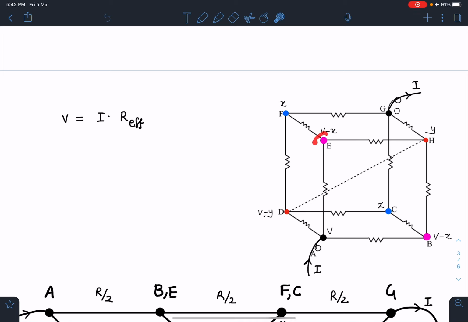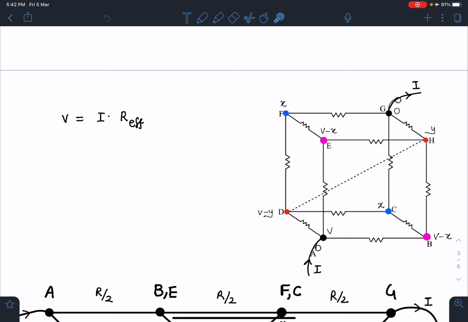Similarly, I can write the potential of B as V minus X as well. Similarly, I'm assuming this potential difference is Y, so whatever current was going in this branch, the same current is flowing in this branch as well. So the potential difference here I can write as V minus Y, so that overall a potential difference of Y is created in this branch, which is the same as the potential difference of Y in this branch.